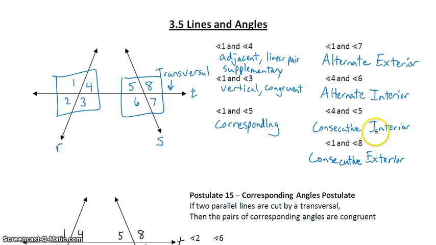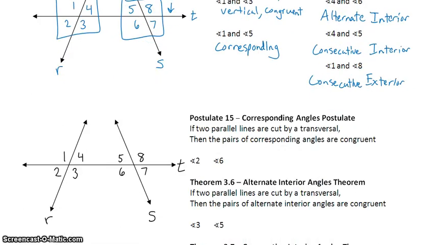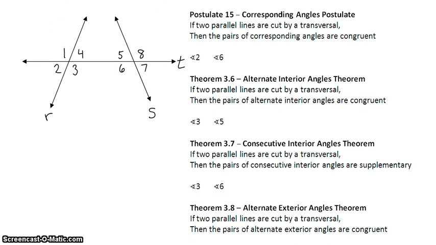These are examples of how angles can relate to each other. If I look at the postulates and the theorems that deal with the different kinds of angles that are created with a transversal, all of the postulates and theorems start with lines being parallel.